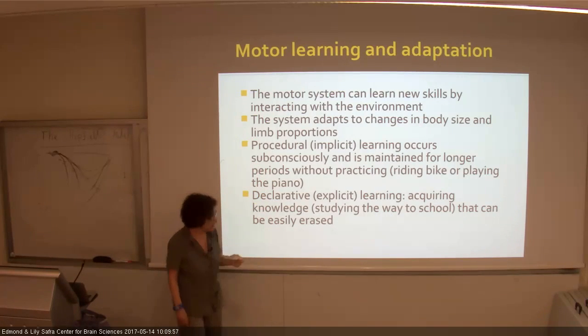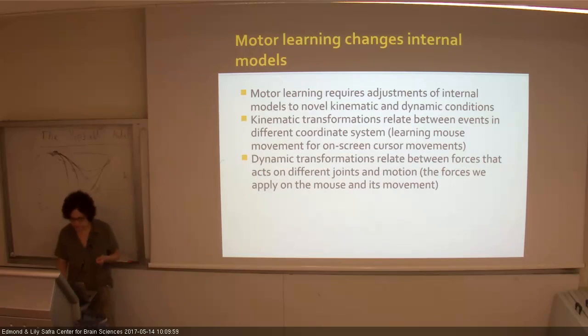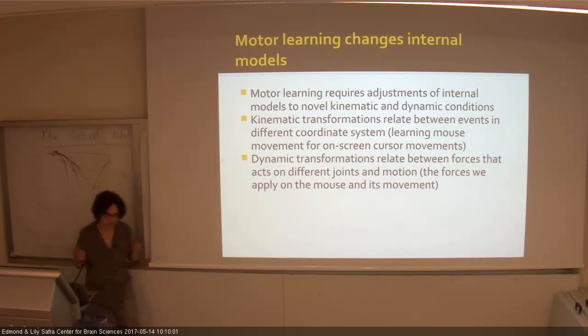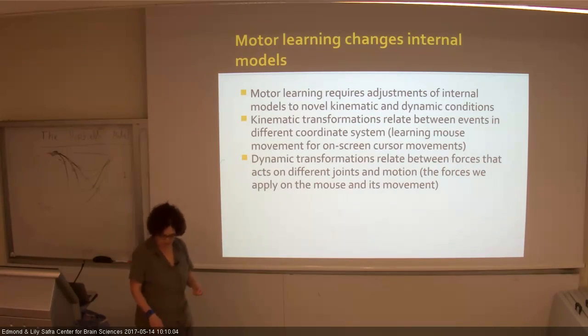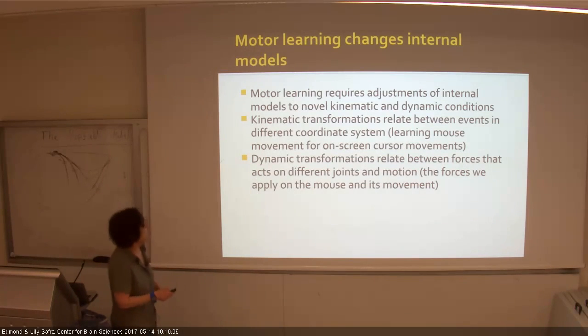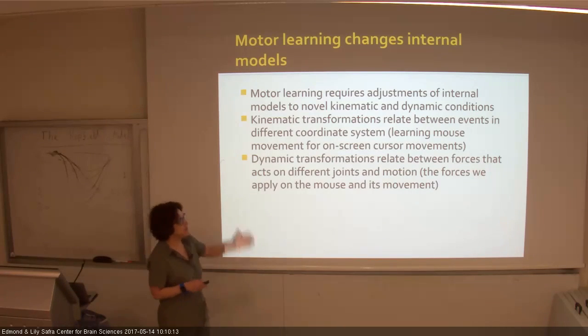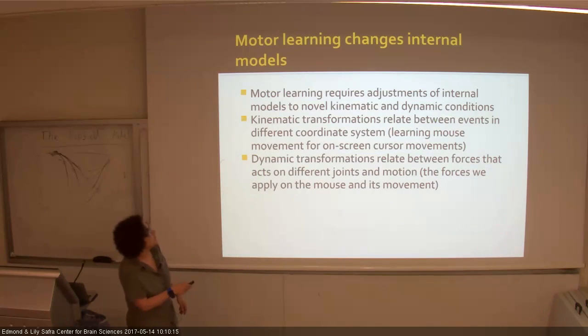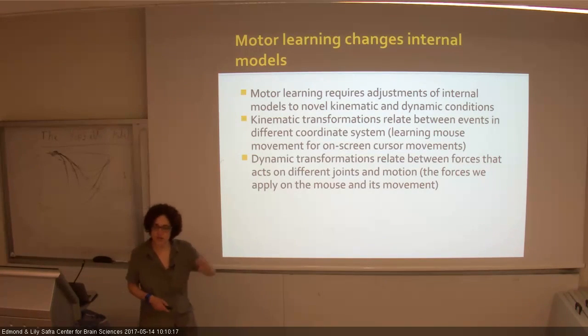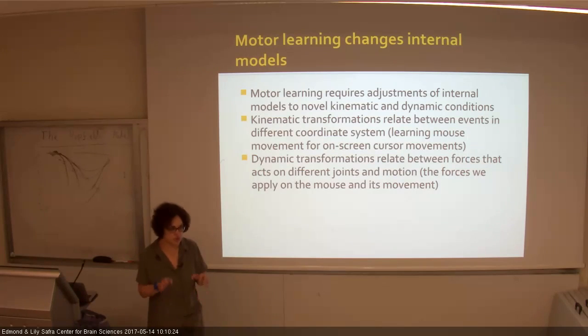Now we can understand that these two systems actually need to change our internal model, right? So motor learning requires an adjustment of the internal models for new kinematic or dynamic conditions. Now, of course, walking to the cafeteria is one example, but you can think of playing the piano, right? Playing the piano, there is some procedural component to it. I mean, you have to learn.